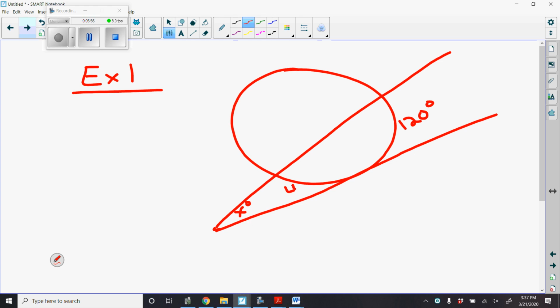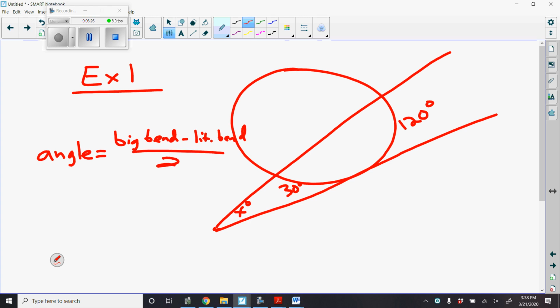Okay, let's say this is 120, and this is 30. So again, I'm following the formula. Angle equals big bend minus little bend over 2. All right, what's my angle?